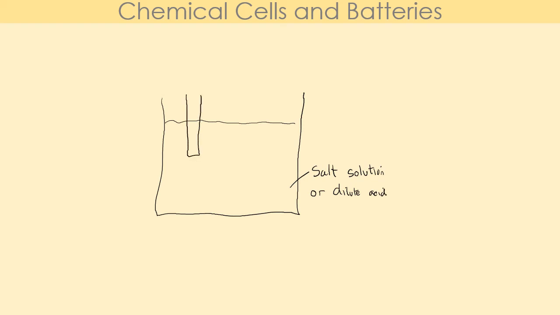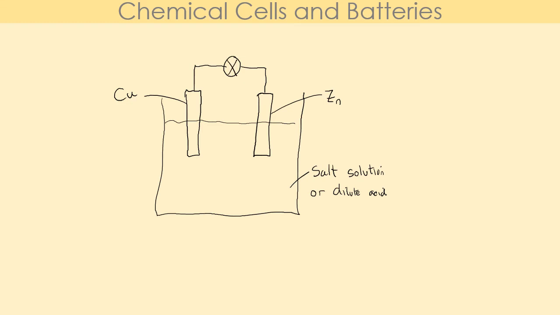It is important that the two electrodes are made from different metals. We will use zinc and we will use copper. We will then connect these electrodes with a wire with a bulb attached to them as well.